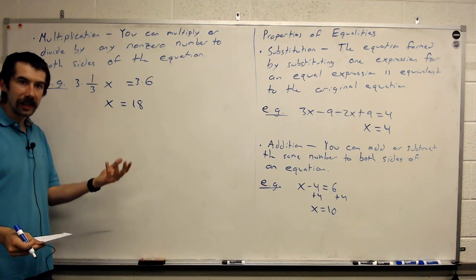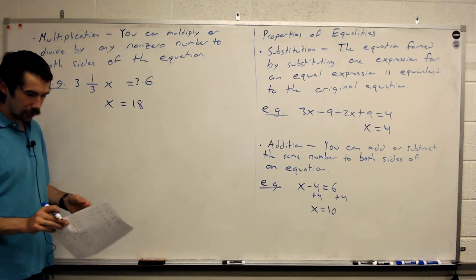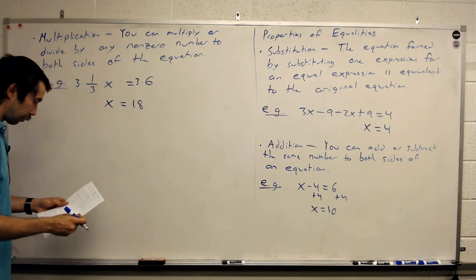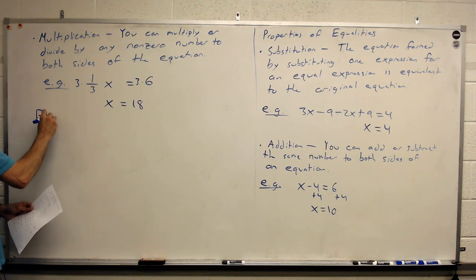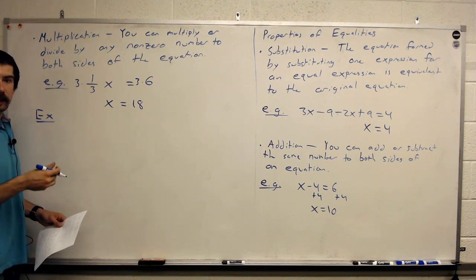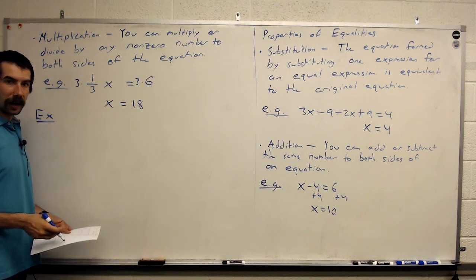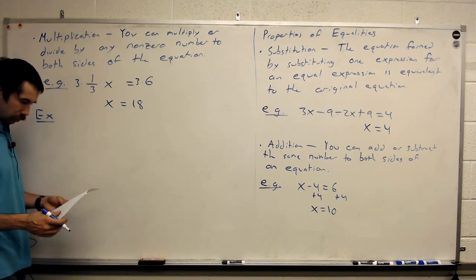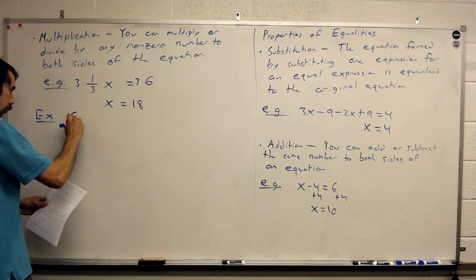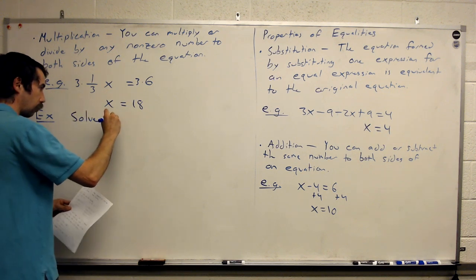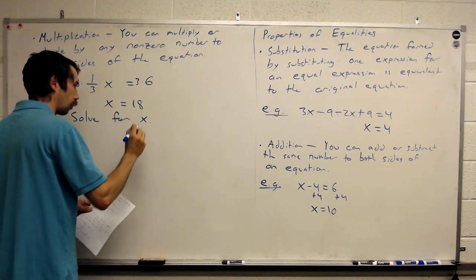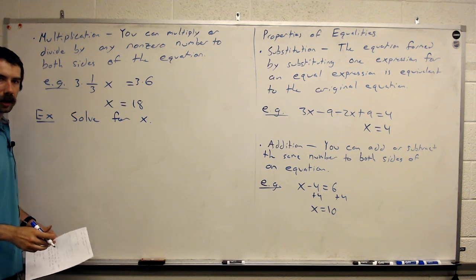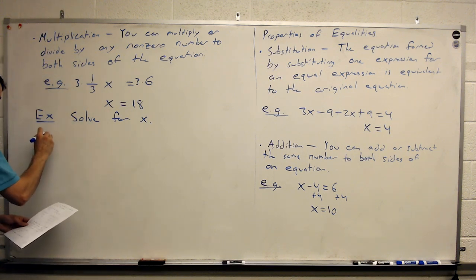All right, so these are the tools we're going to use to solve equations. So let's look at an example. And I recommend that you pause the video when I'm done writing out the example so you could try it on your own before I actually show you the solution. All right, so in this example, we're going to solve for x. And there's two of them.